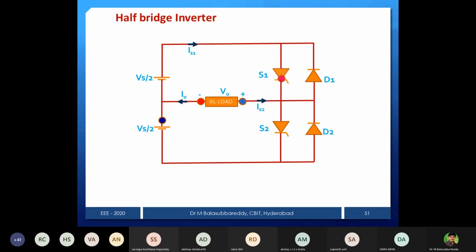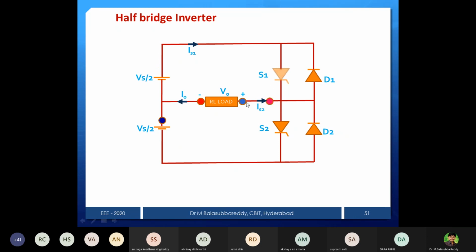The pulse is given to S1, thyristor T1 is conducting, and current is passing like this, as the red ball is moving. This way we are getting a positive output. It starts from Vs by 2 and goes to S1 and then the load. The load current direction is this one, passing in the same direction, and it will be positive.